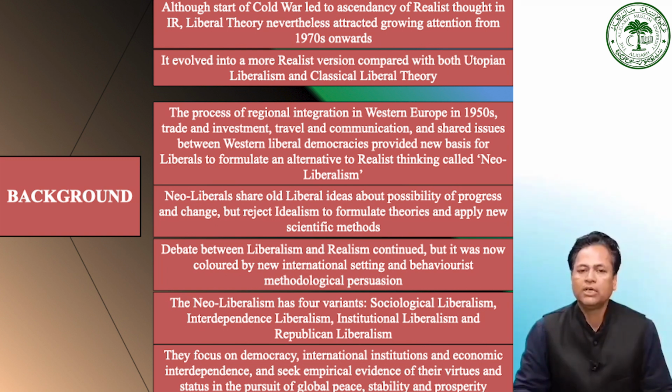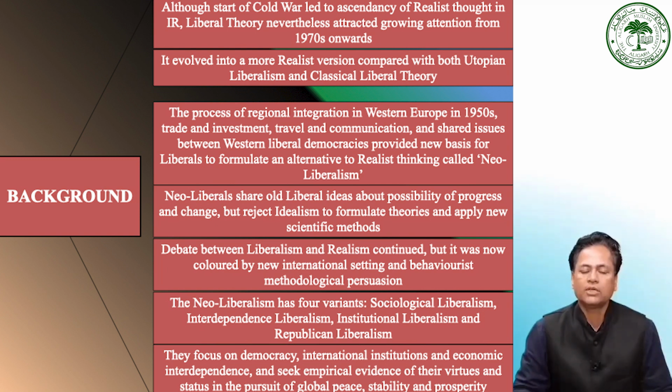It is a combination of the idealist version of liberal theory of the interwar period and classical liberal theory just after the Second World War. So, it is an amalgamation of these two theories.